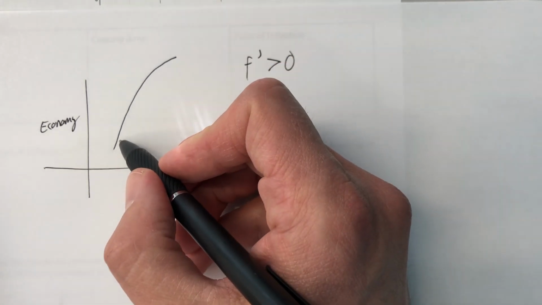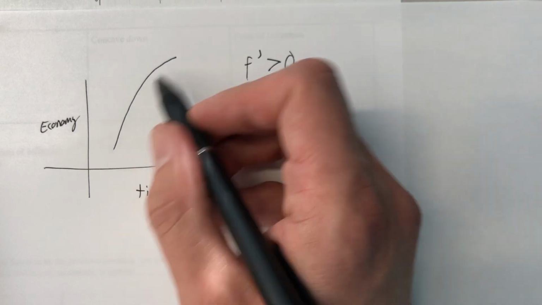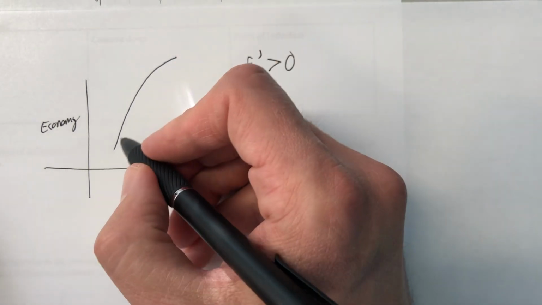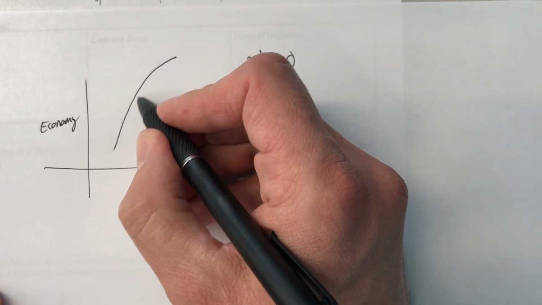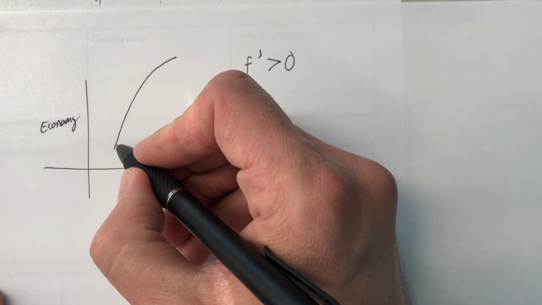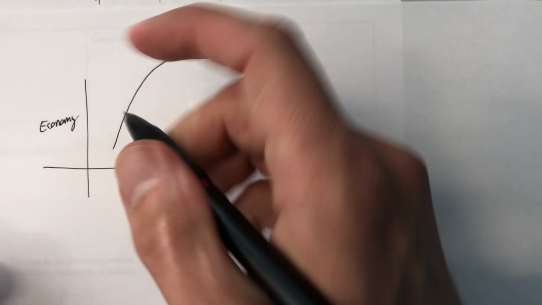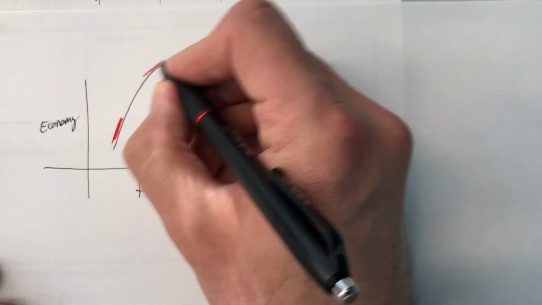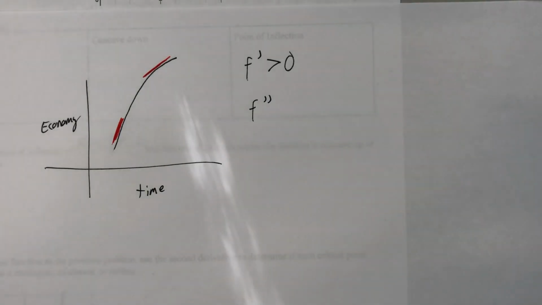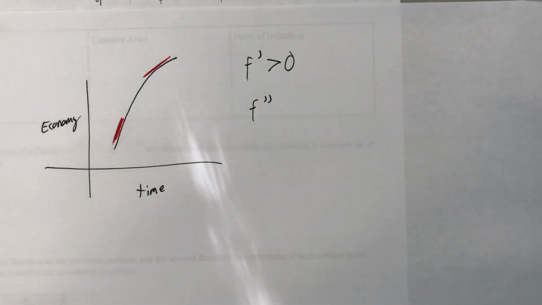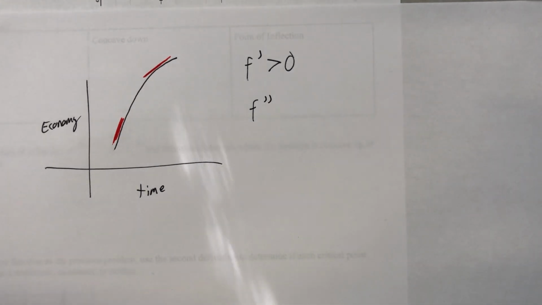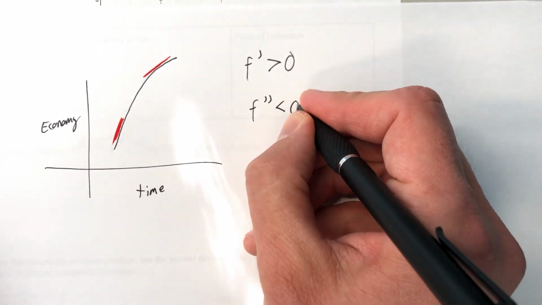I'm talking about now the rate of the rate. Is this thing consistently increasing or is it decreasing? Let me reword that. That was poorly worded. This is growing. It's increasing. But as it increases, the slope here is steeper than the slope here. So the slope of the slope, the rate of change of the rate of change, is negative.